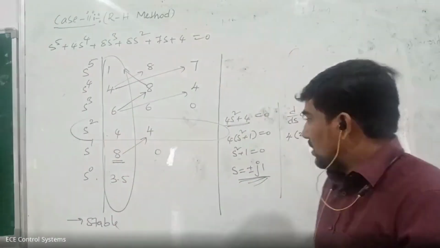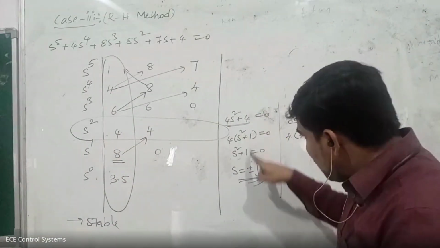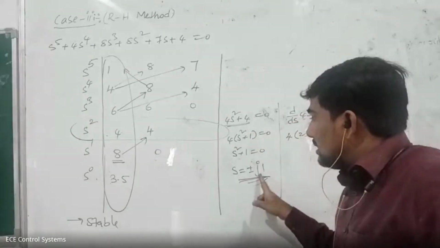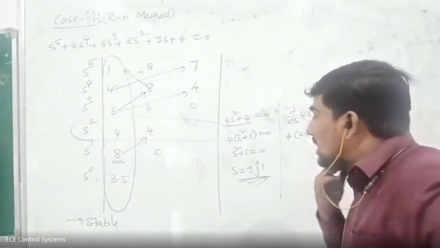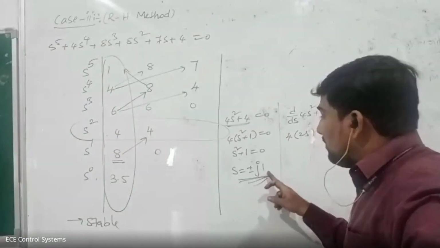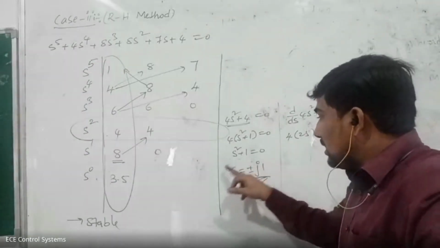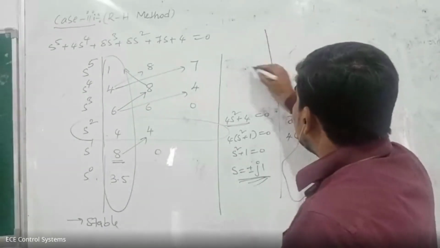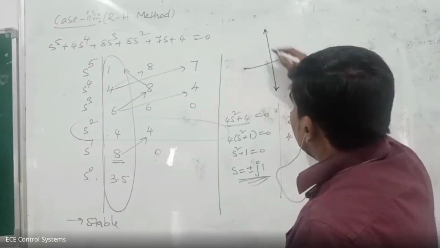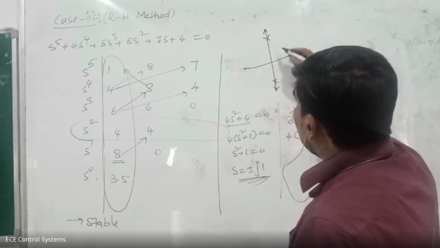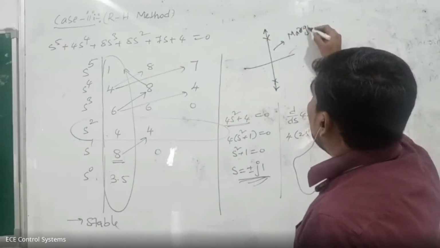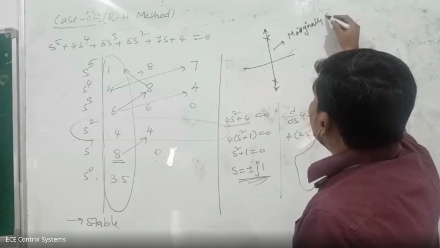Marginally stable system. Now see, from this explanation, some of the roots are imaginary. The two roots are nothing but plus or minus j1. This root is nothing but an imaginary root. If any one of the roots appears on the imaginary axis, that type of system is nothing but a marginally stable system.